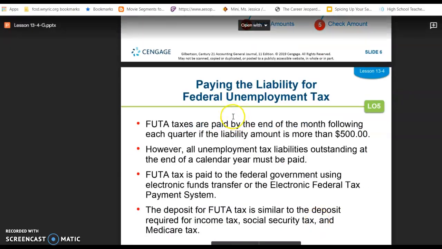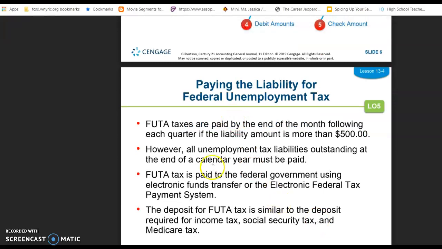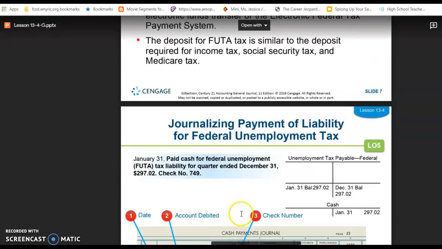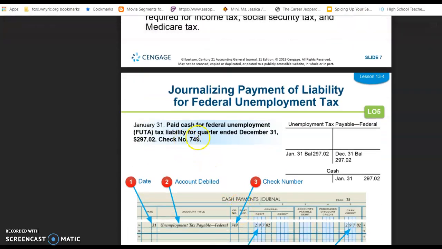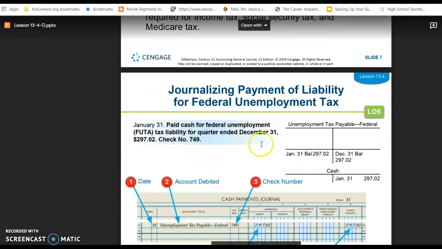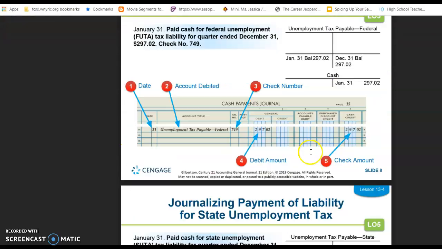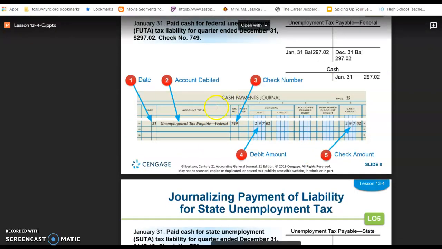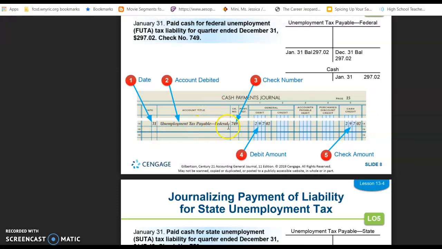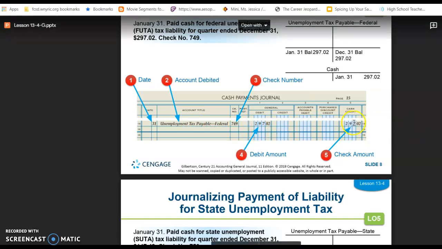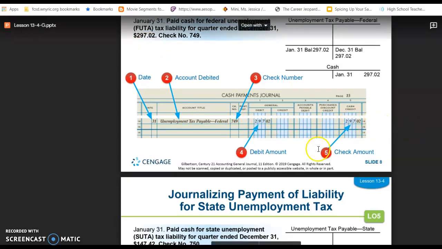Then we learned about the federal and the state unemployment tax. And down below, it gives us the transaction: paid cash for the federal unemployment tax and the amount. And this is what it would look like in the T accounts. And then down below in the cash payments journal, this is a 1-line transaction. So unemployment tax payable dash federal, the check number, 1 general debit, and 1 cash credit for the amount given in the transaction.